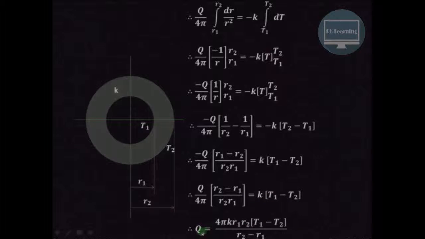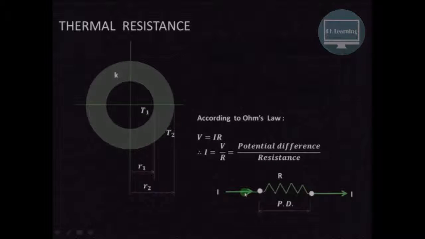So ultimately the heat transfer rate in case of the hollow sphere will be equal to 4 pi K R1 R2 into T1 minus T2 divided by R2 minus R1, which again we can correlate as we have already seen the electrical analogy.